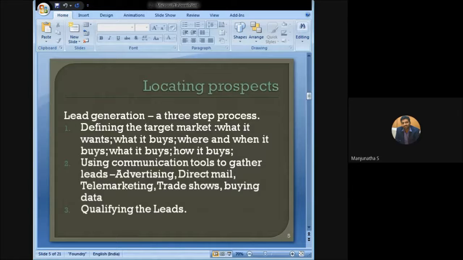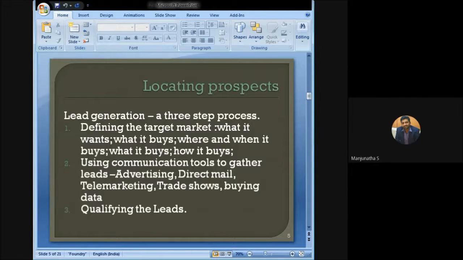The last step of lead generation is qualifying the leads. In the data we have got, how many prospective customers are there? How many qualified customers are there? How many are positive customers and how many are negative? So qualifying the leads means checking eligibility relating to the purchasing.